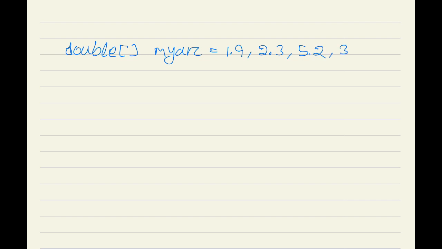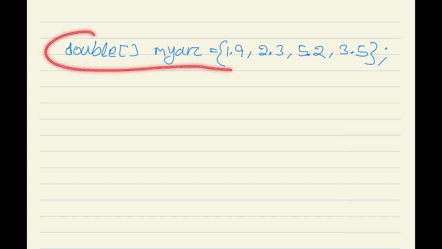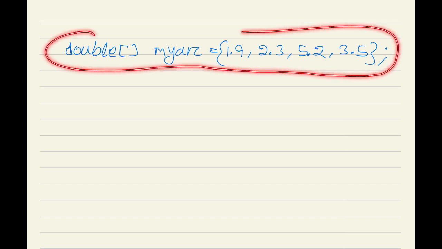For example, consider this statement: double square bracket my AR equal to 1.9, 2.3, 5.2, 3.5, written inside curly braces.